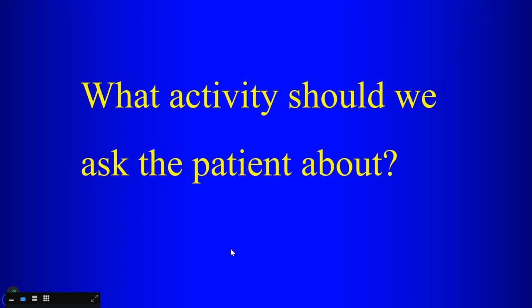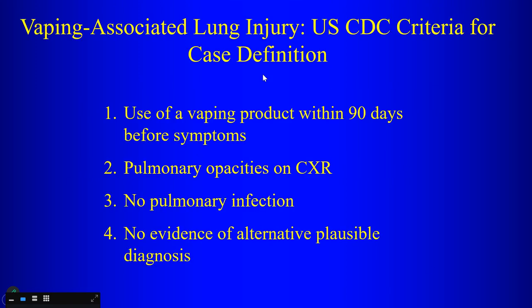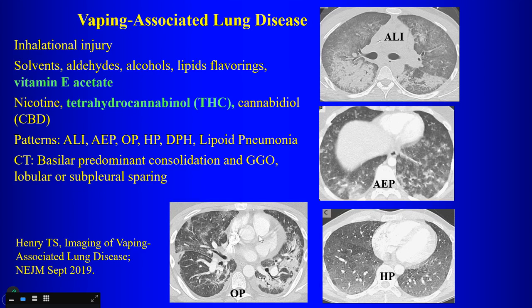So what activity should we ask the patient about? In this patient, it turns out he fulfills the criteria for acute lung injury. Vaping. Yeah, so vaping-associated lung injury. The criteria for diagnosis are not very satisfying: use of a vaping product within 90 days, pulmonary opacities, no pulmonary infection, and no evidence of an alternative plausible diagnosis.